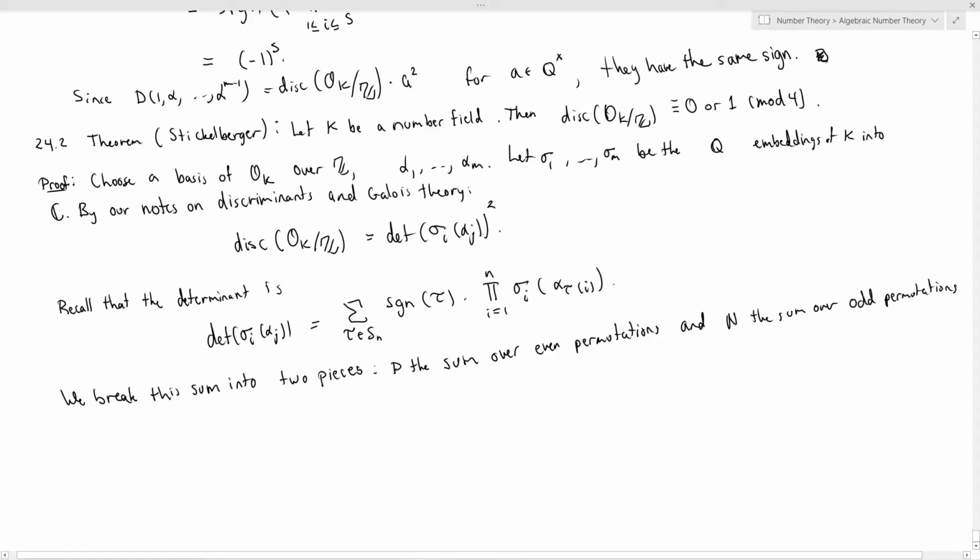Maybe just to be specific, P is going to be the sum over tau in A_n of the product i equals 1 to n of sigma_i alpha_tau(i), and N is going to be the sum over tau not in A_n of the product i equals 1 to n of sigma_i alpha_tau(i).